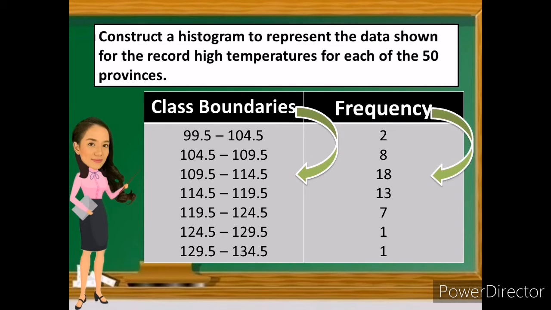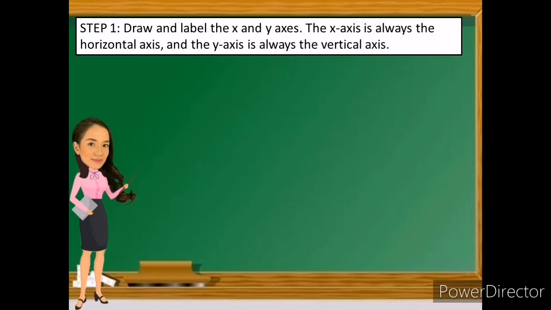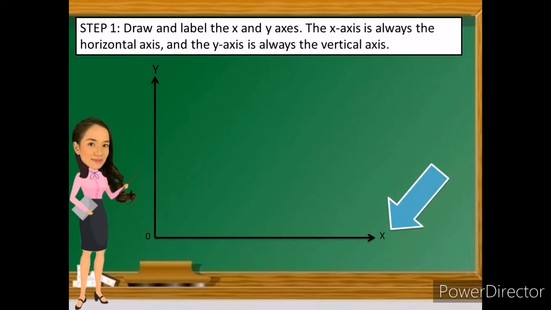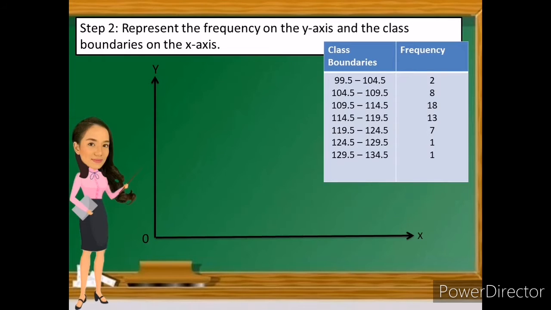So in constructing a histogram, we need 3 steps. First, draw and label the x and y axis. The x-axis is always the horizontal axis and the y-axis is always the vertical axis. Next, represent the frequency on the y-axis and the class boundaries on the x-axis.